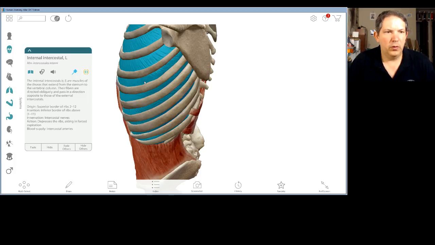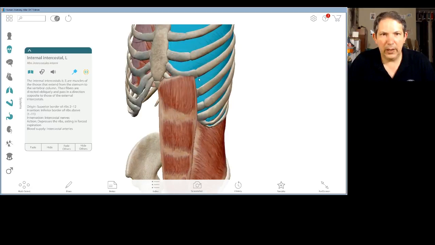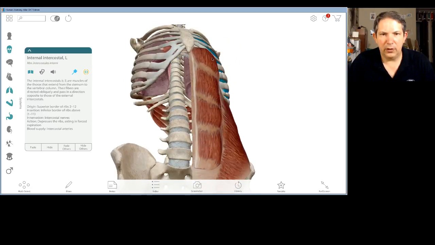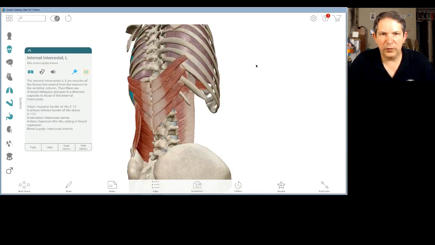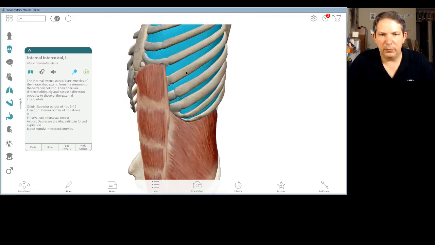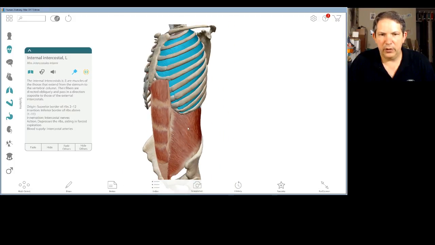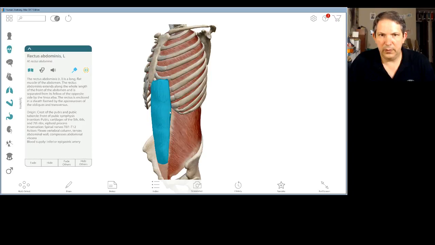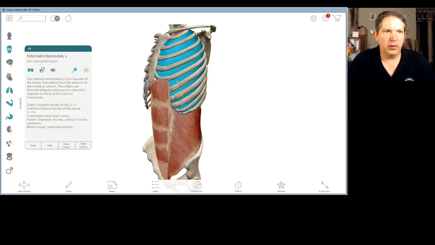So the origin is the superior border of the rib, and it inserts into the inferior border of the rib above it. Anyhow, when you forcefully exhale, you're mainly using your abdominal muscles and your internal intercostals.